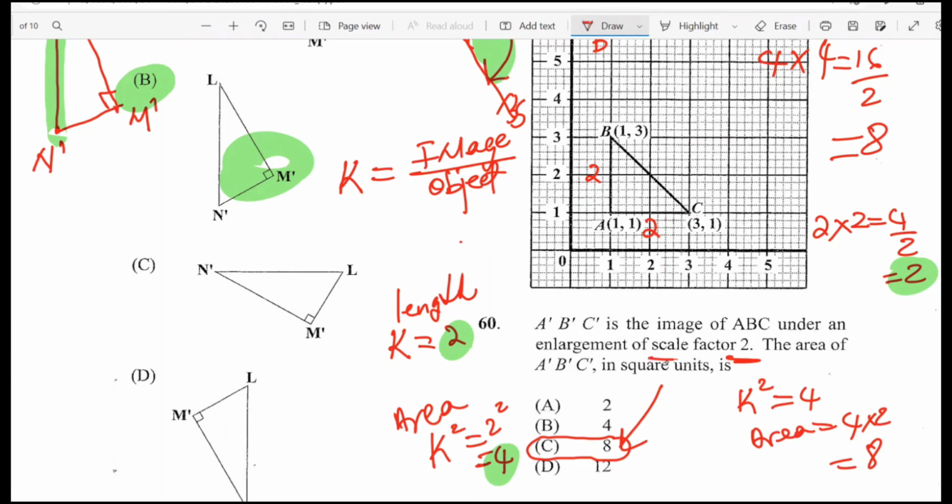So when they gave you the scale factor of 2 and they ask you an area question, you can't work with 2 anymore. It becomes 4, because it's not 2 times 2 by doubling it. It's 2 squared. So if 6 were the scale factor and you're going to do area, it becomes 36. That's what we're saying. You square it.